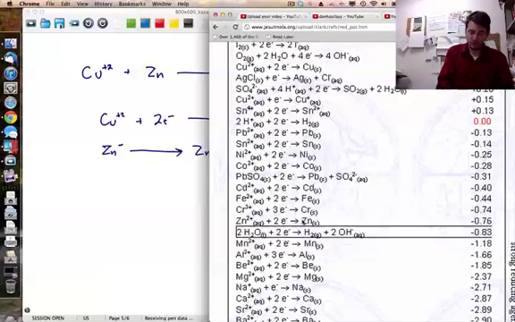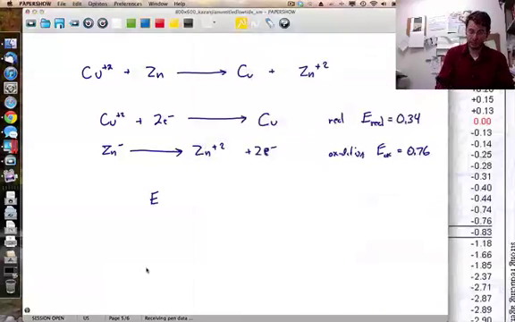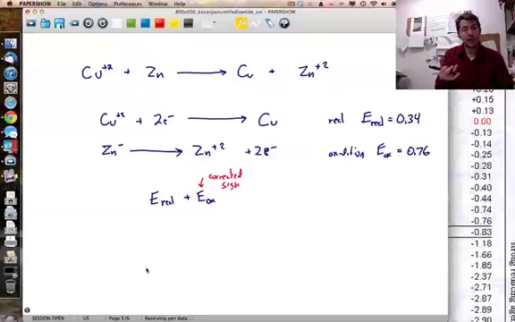In our case, we're just taking the E for the reduction and adding it to the E for the oxidation, where we have corrected the sign. We've reversed the reaction, and we then combine them in the same fashion. This would be 1.10 volts, the cell potential.